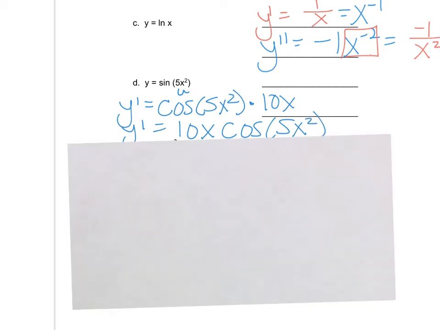Now the second derivative gets a little trickier because we have a product. We have the function 10x times the function cosine of 5x squared. So for my product rule, I'm going to individually take the derivative of each part.